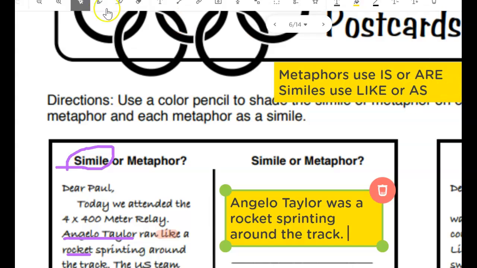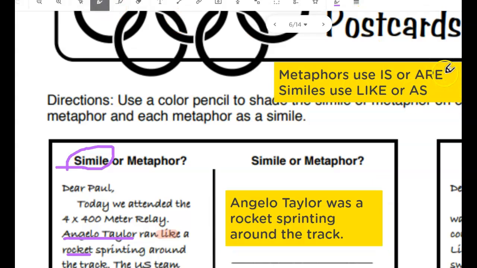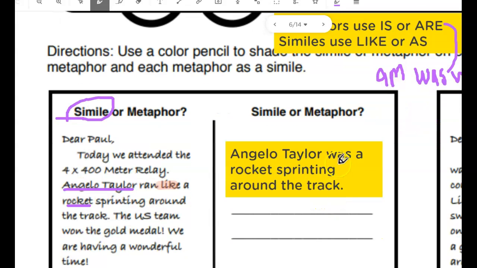So different forms of are: am, was, and were. Those are ones that you may also see in there. Once you have this typed out, we can move on to the next one.